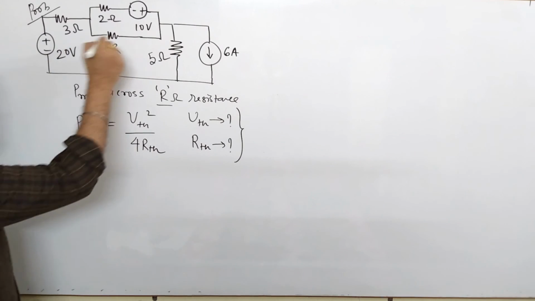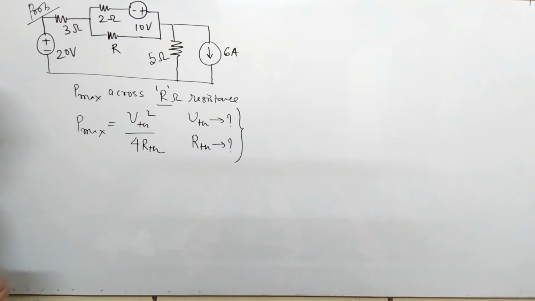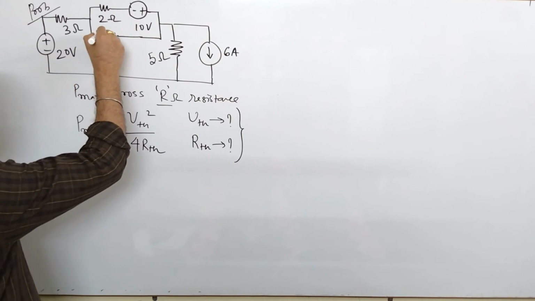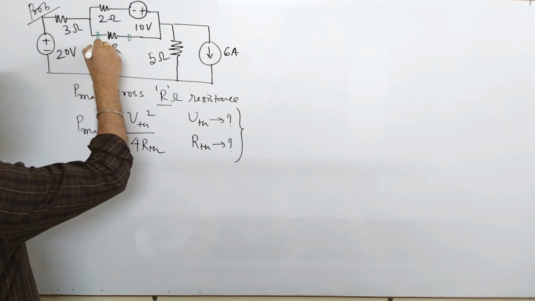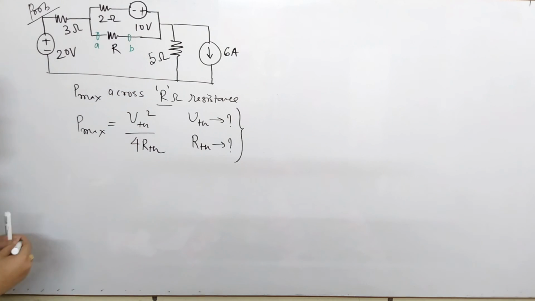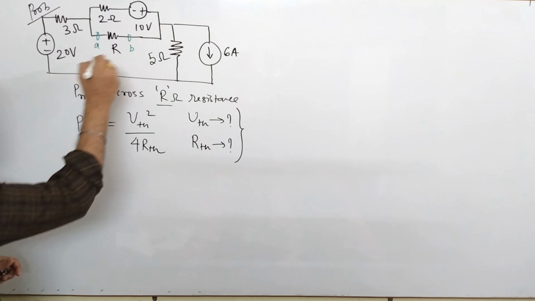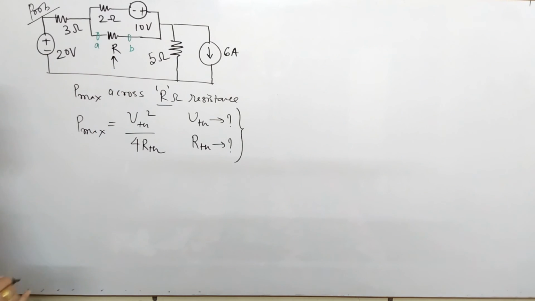And since we have to find across this R, this R is basically your terminal, say it is A, it is B. Finally one can find the Thevenin equivalent looking in this manner.